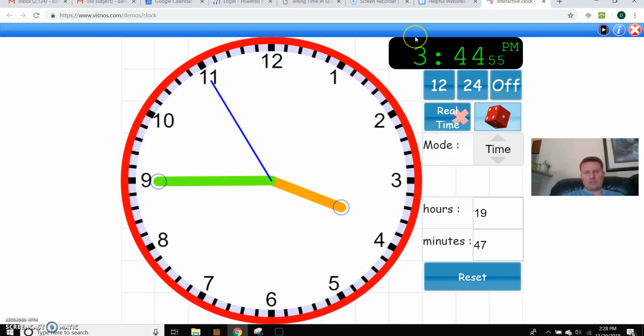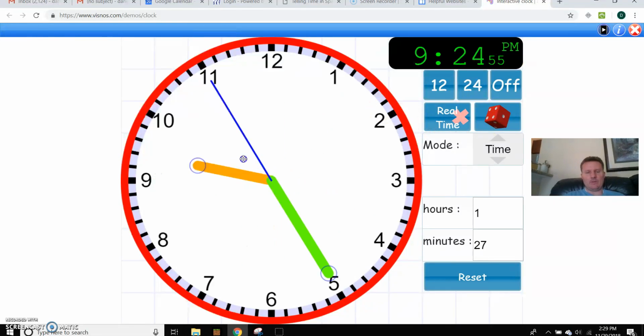If you said son las, that's also correct because it is more than 1, it's plural. So, let's start this off by saying son las 3:44, and then here we have PM, so again, de la tarde.